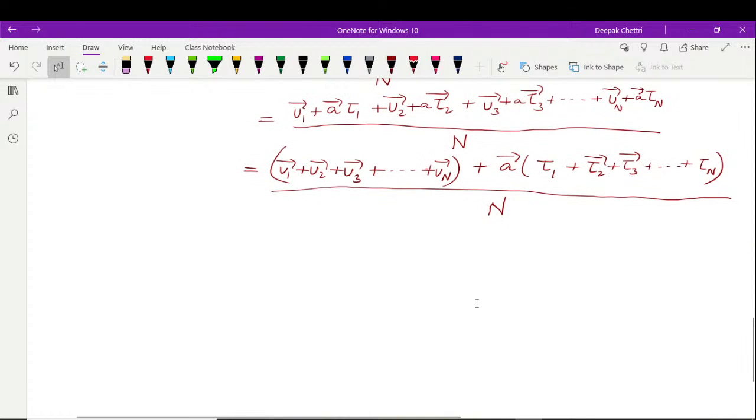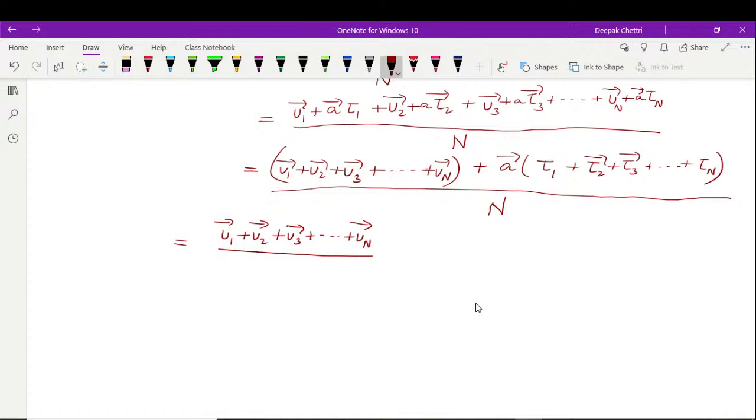Now I'll just separate them. I can do this: u1 plus u2 plus u3 plus up to un, divided by n. I can do this here, and this group I can make separately.